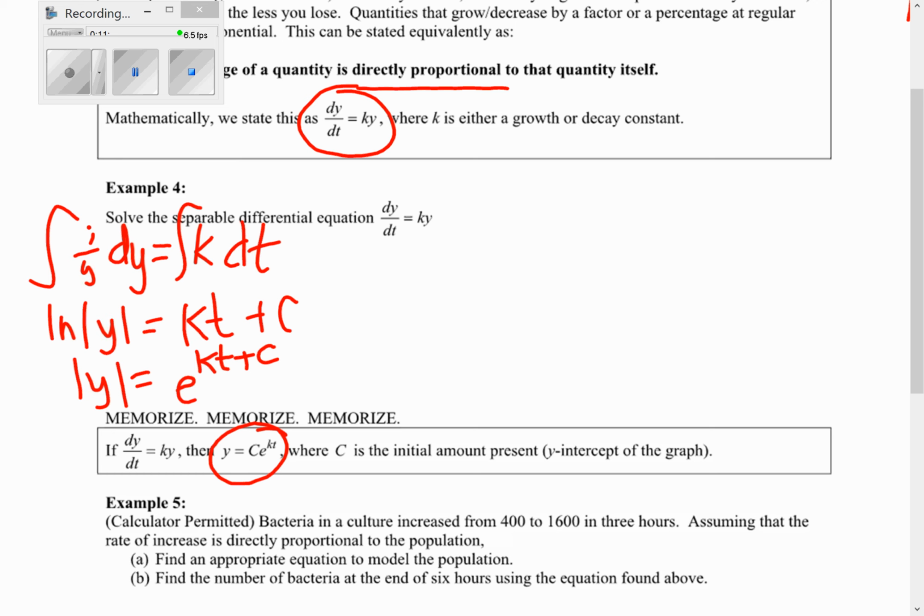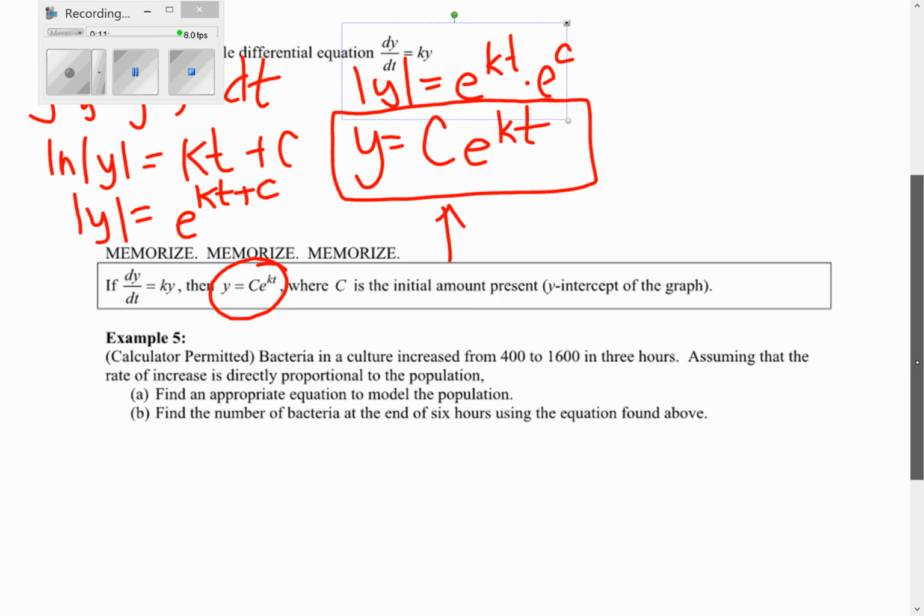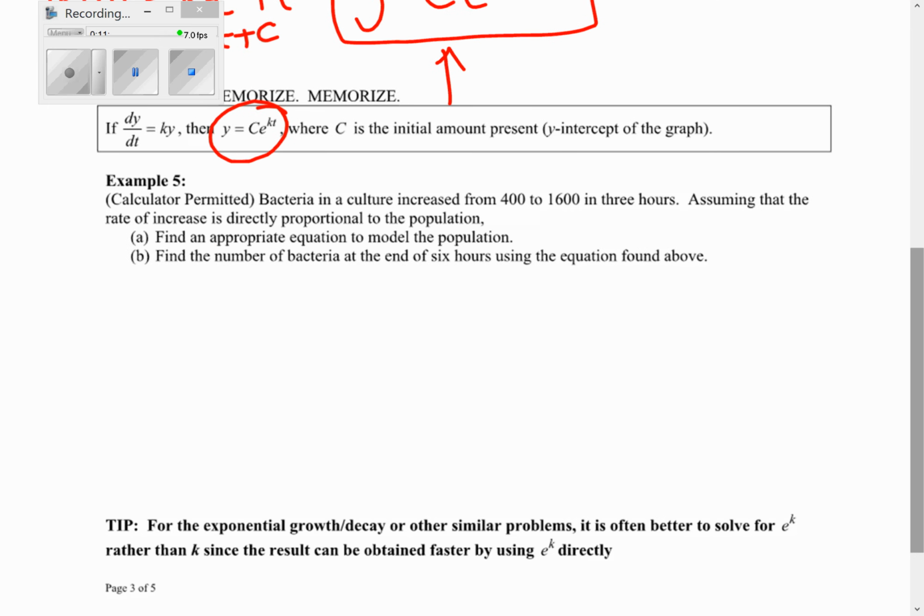But remember from my last problem, you can write it as e to the kt times e to the c. Now I could drop that absolute value, y equals c e to the kt. So if we recognize that it's a proportional growth, or exponential growth, then we can just jump right to this equation. All right, we'll do one example, and then we'll do the rest at another time.